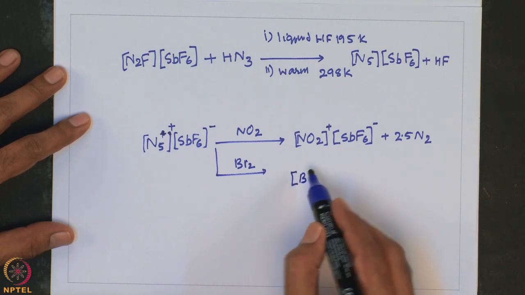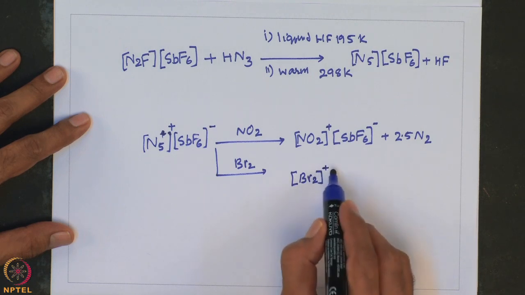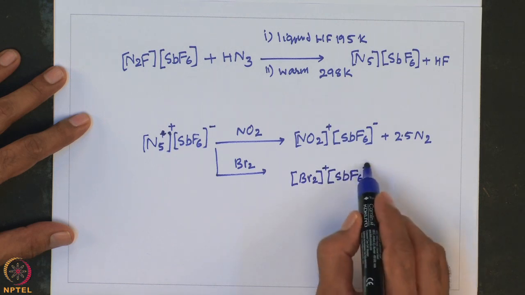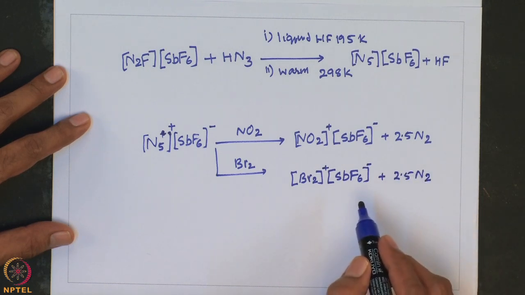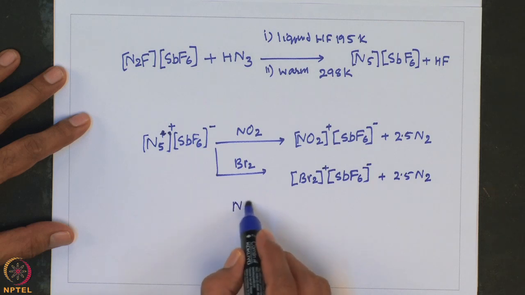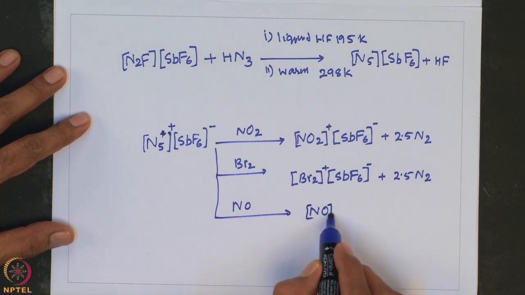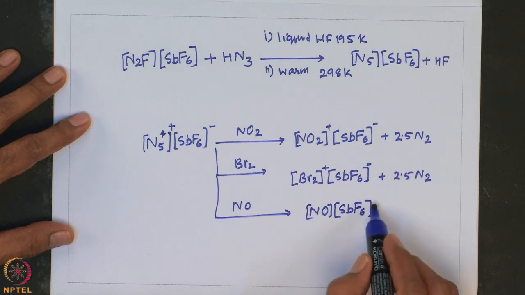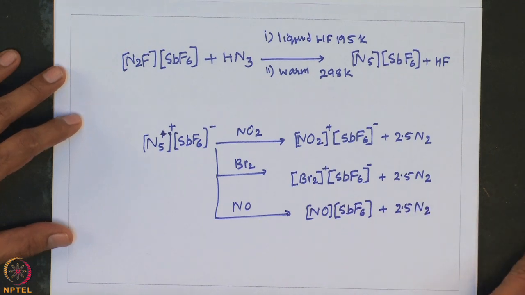Of course, here the counter cation is Br2 plus. Similarly, on treatment with NO, so these are some of the reactions of the pentazole ion.